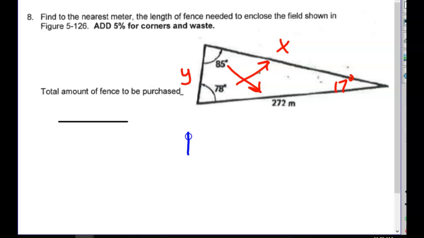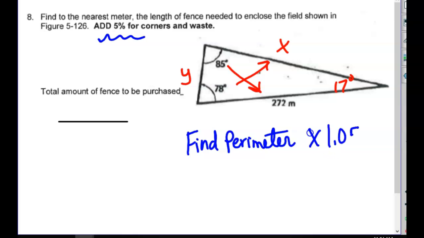And then find the total perimeter. How are you going to add on 5% though? Take your perimeter times 1.05 would be genius. All right, so everybody's okay, they could do that one?